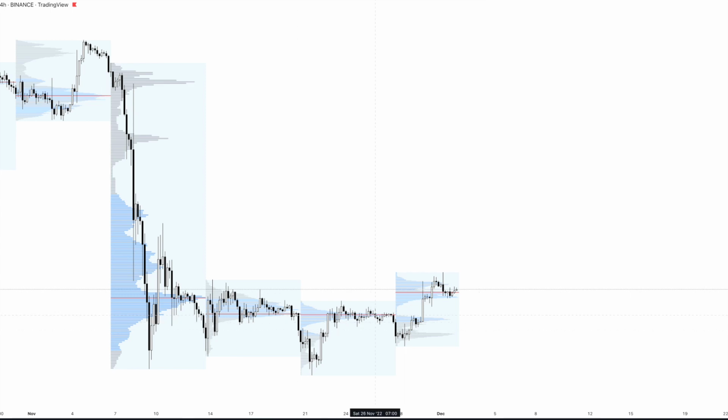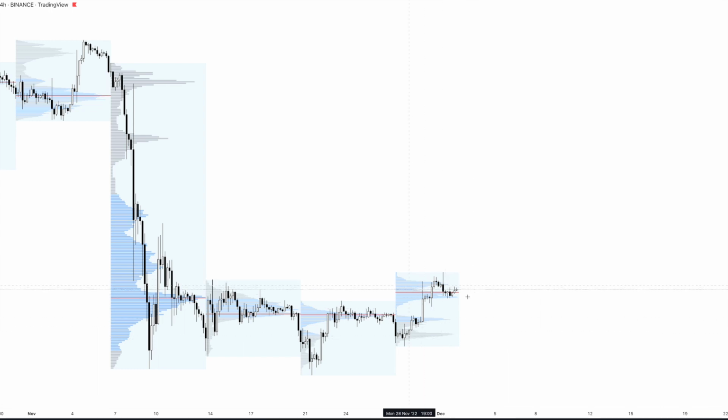But when you look at the very basic of strategies, if price is in balance, if price is in that value area, you play the range. If price is outside of that value area, you play a move towards the next range and value area.